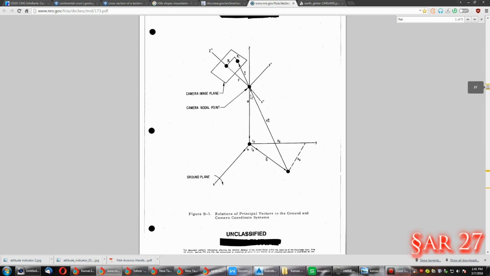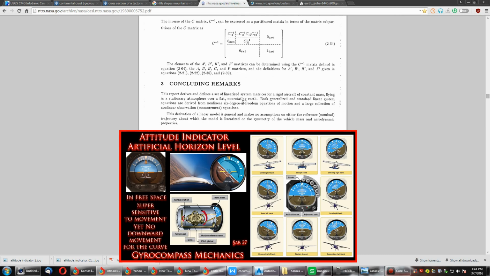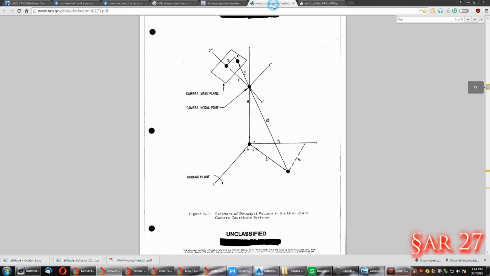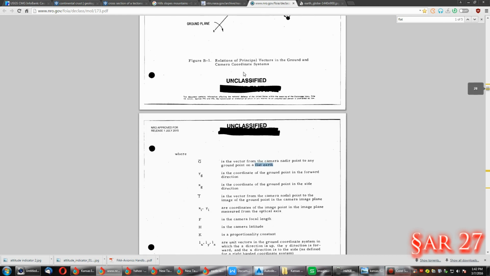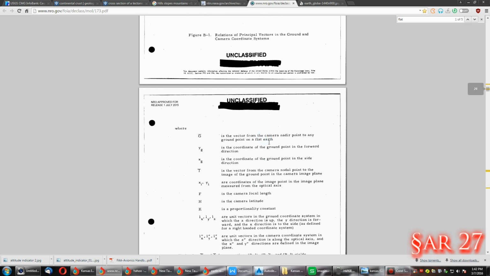So this is the aircraft with its 6-degree-of-freedom equations. This is the 6-degree axis, the banking, the rolling, the pitch change, everything in the aircraft in free space, with the camera on the bottom to take pictures of a flat Earth. It's just more and more information put together out there that pushes forward the flat Earth model.